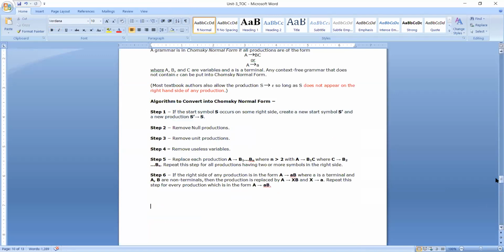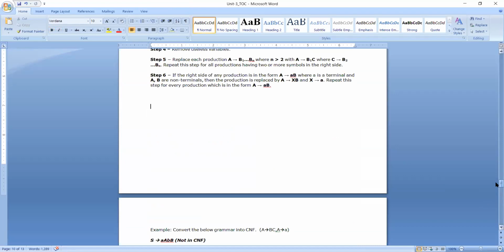But if you observe, as part of our algorithm, we have finished the fifth step and the sixth step. What is the fifth step? It says replace each production A derives to B1, B2 and so on Bn, where n is greater than 2. In the sense, the length of the right hand side of the production is greater than 2.